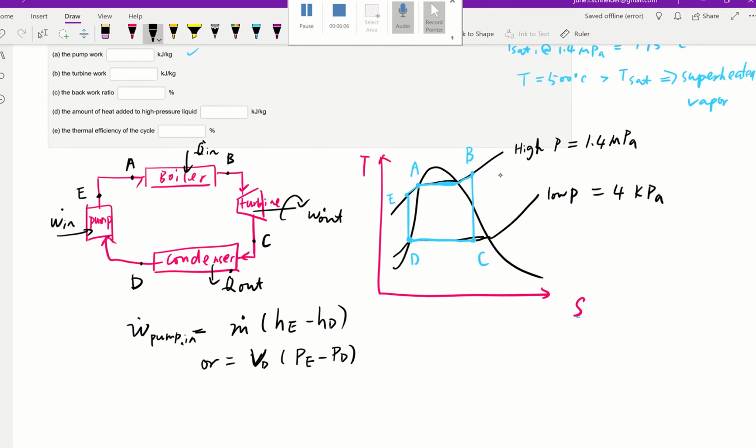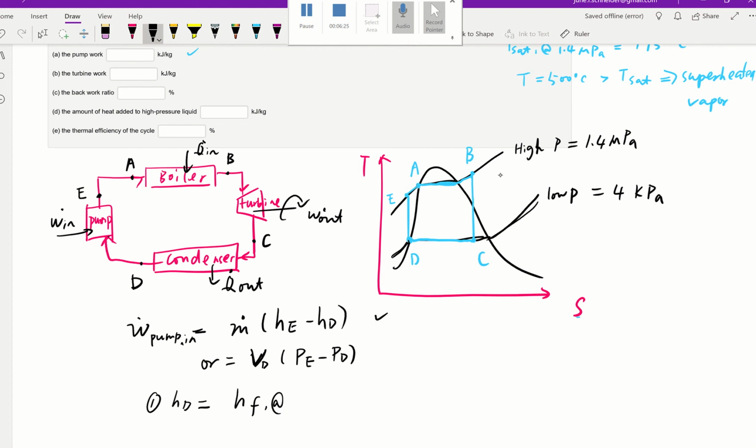If we're going to use this first expression, HE minus HD, can we figure out HD? What's the enthalpy at point D? D is saturated liquid, so that's going to be HF at this particular pressure line.